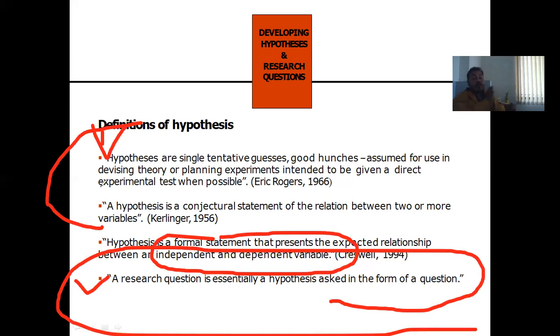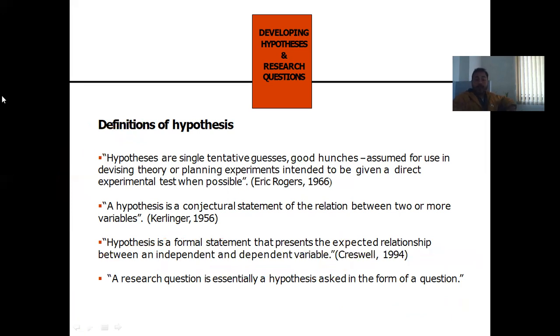And the third definition says that the relationship we try to establish is between independent and dependent variables. And then we come to defining a research question. What is a research question? A research question is nothing but a kind of hypothesis asked in the form of a question. So this is clear.